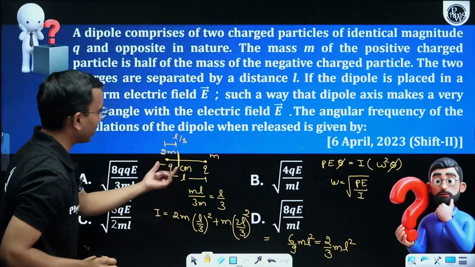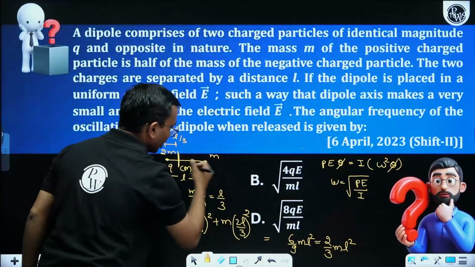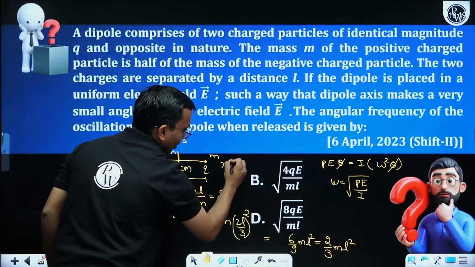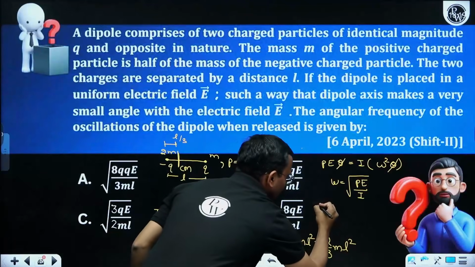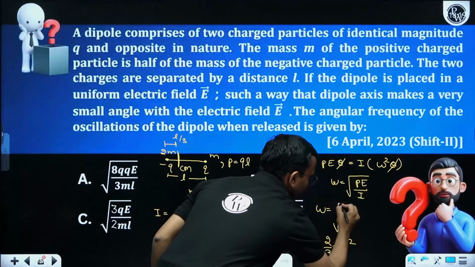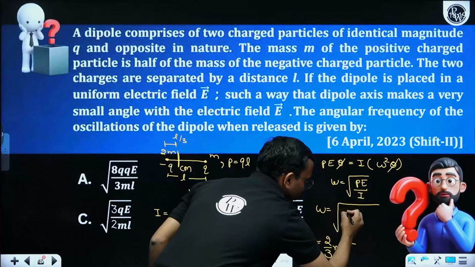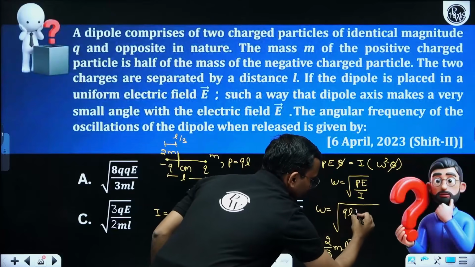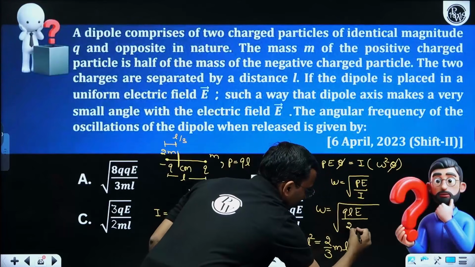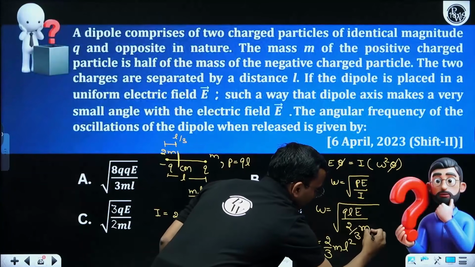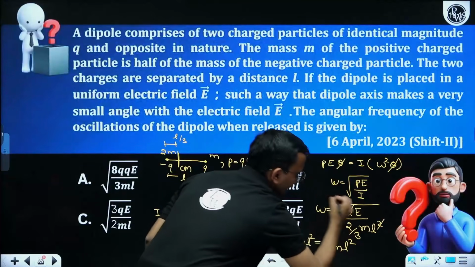And what is my P? P is Q into L. So simply put it here. Omega will become root of P, that is Q into L, into E divided by I, that is 2 by 3 mL square. So one L is getting cancelled here.